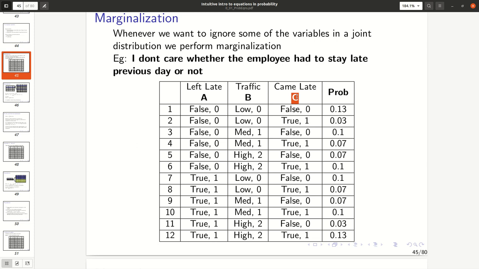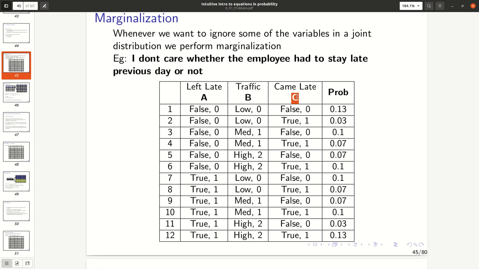Marginalization is used to remove one or more variables from a joint distribution. Whenever we want to ignore the influence of one or more factors from the probability values, we marginalize those variables out. For example, this table might be used by a manager of a team who is sure that the workload is small and everyone should be able to finish their work within the office hours.